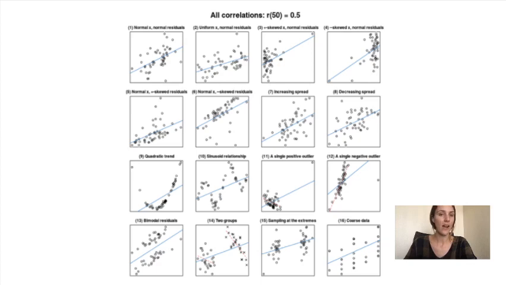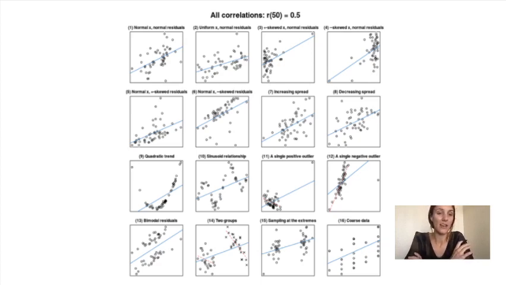All of these different graphs have the exact same correlation coefficient of 0.5, a moderate correlation. But look how different each of these are. We see clustered data, clustered in different areas on these plots. We see, the third one down on the left column, a quadratic relationship that's not being seen.